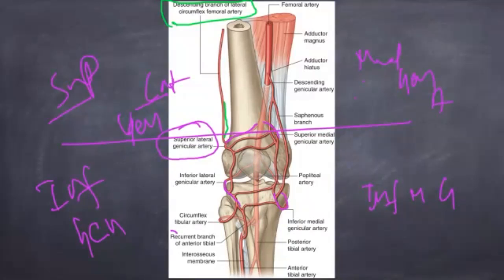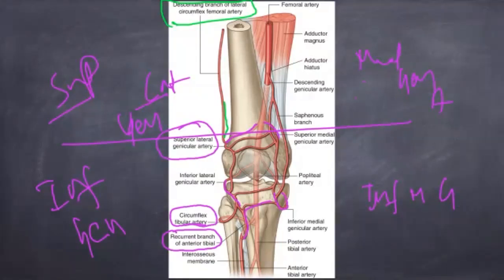And again you see the recurrent branch of the anterior tibial. The tibial artery gives branches known as the anterior and posterior recurrent branches. This is the anterior one, and there is a posterior recurrent also, and there is the circumflex fibular artery, meaning the artery that surrounds.